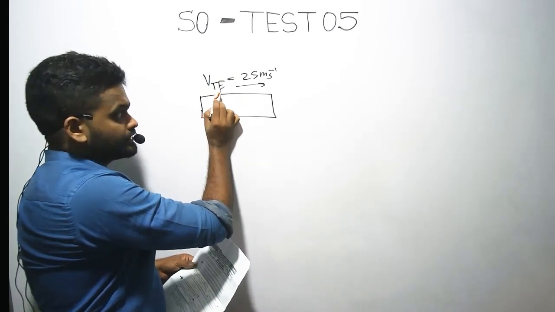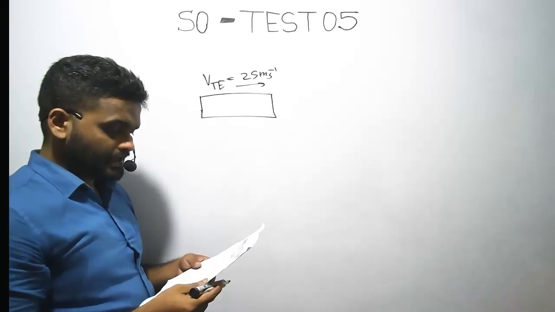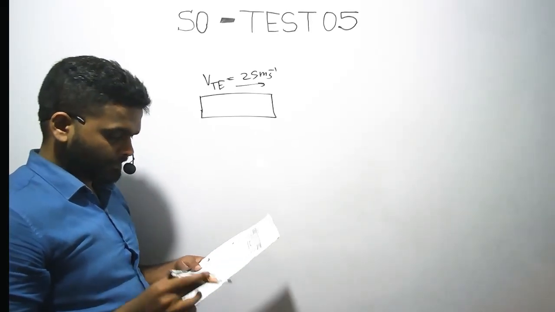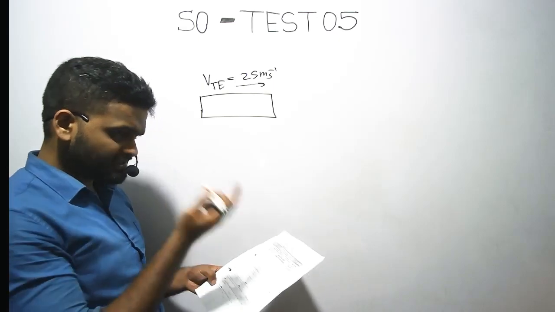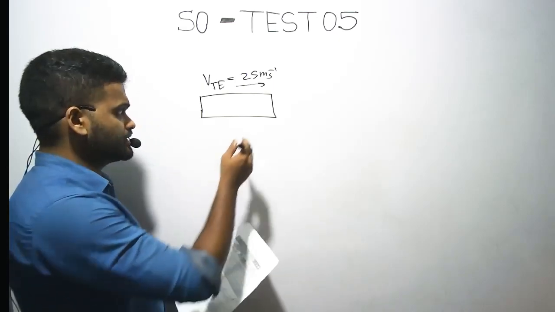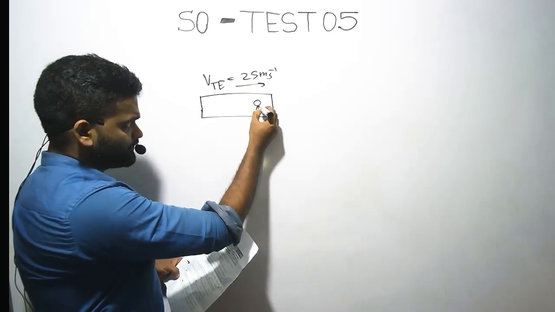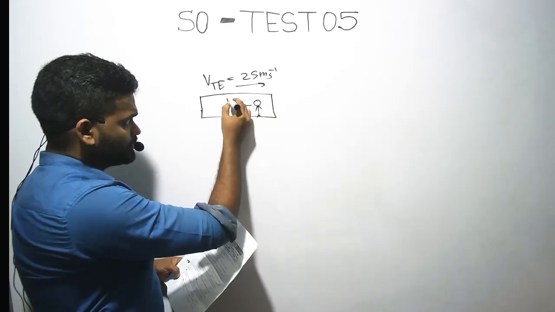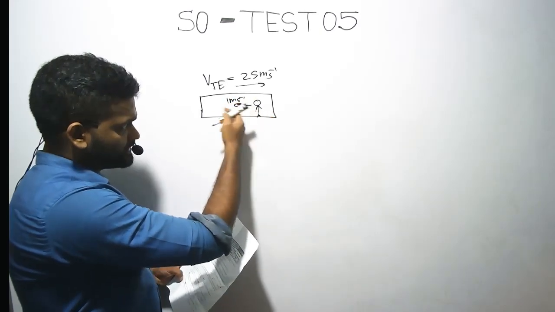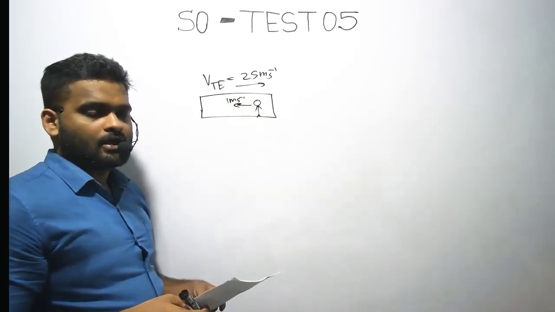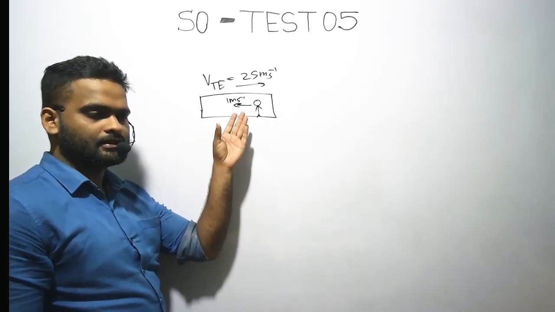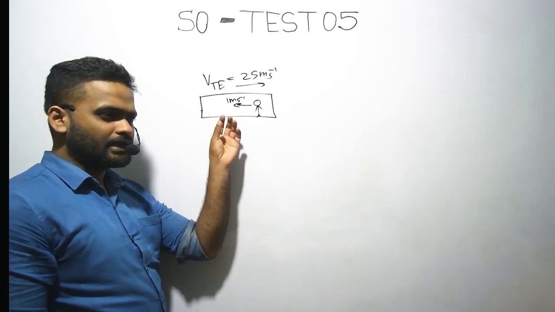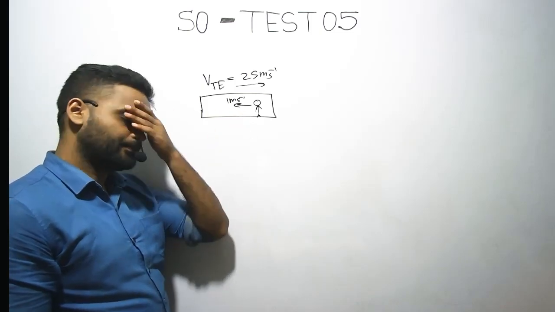This is how we write it, 25 meters per second. Then there's a passenger. Passenger moves in the opposite direction at 1 meters per second. So let's say this is the passenger, moving to this direction at 1 meters per second. They don't mention relative to what, right?